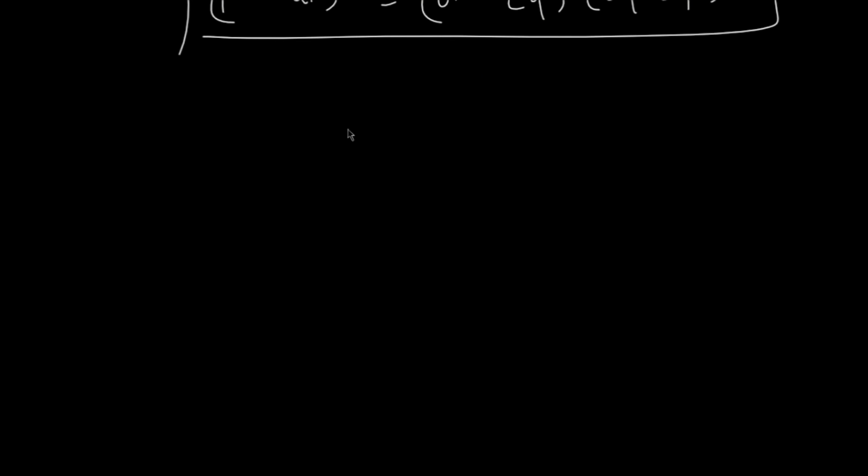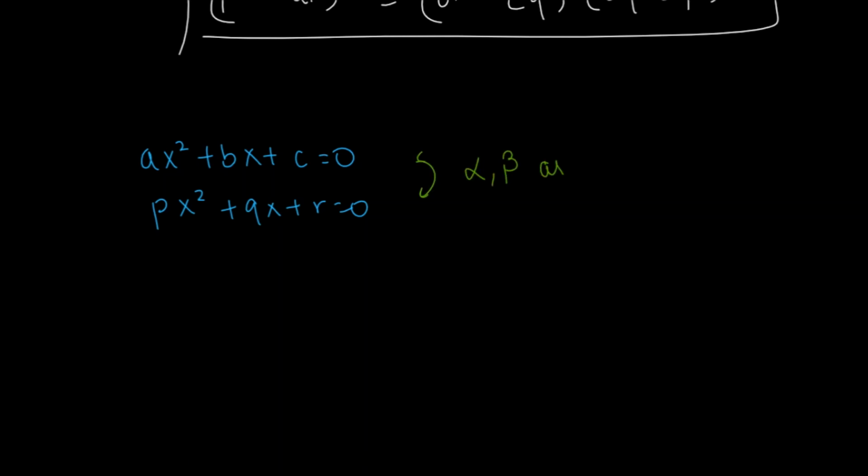So let's say that you again had these two equations. Let's say you had ax squared plus bx plus c is equal to 0. And you also had px squared plus qx plus r is equal to 0. And you said that alpha and beta are roots of both of these, are common roots.